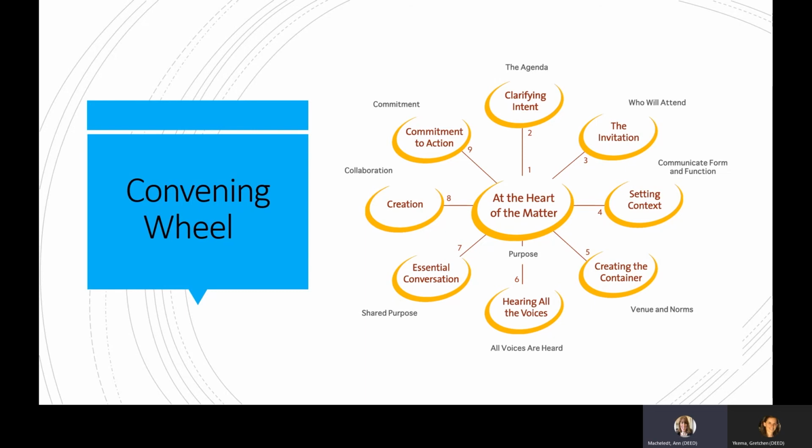Then once your meeting is set, it is vital to find ways to create a space for engagement. We call that creating the container, number 5. This involves making people feel safe, hearing all voices, which is number 6 on the model. And all of that is really important for having essential and meaningful conversations with an atmosphere of trust.